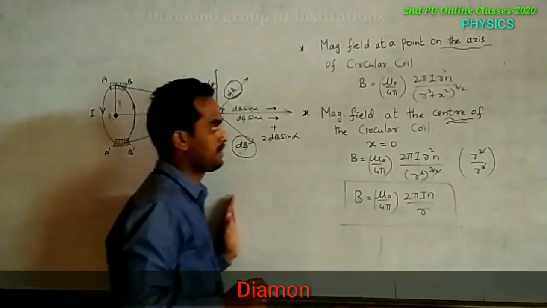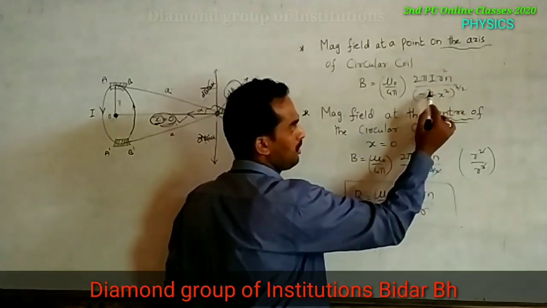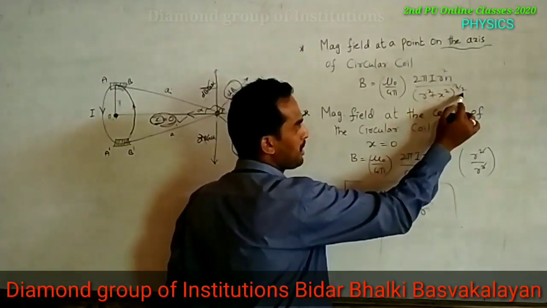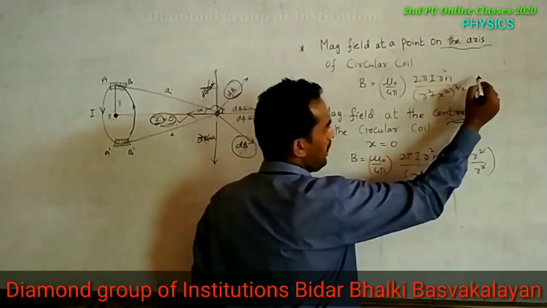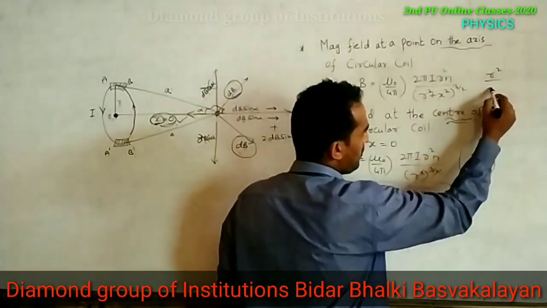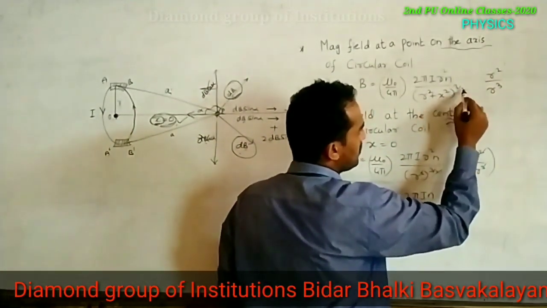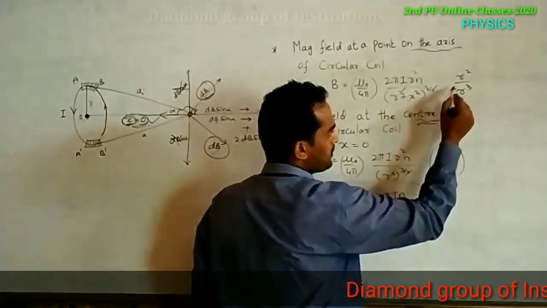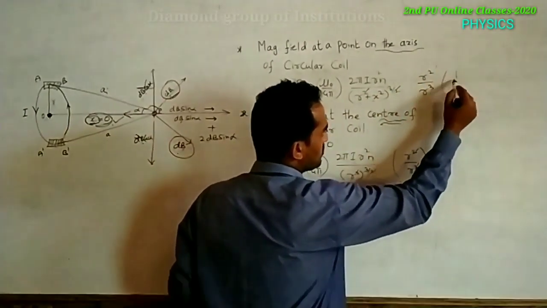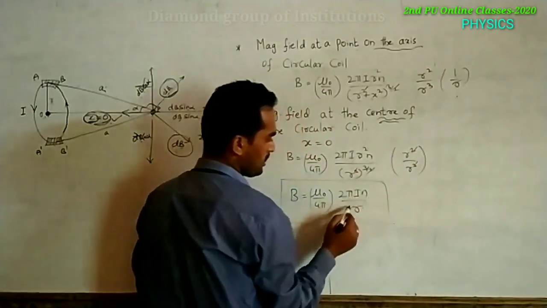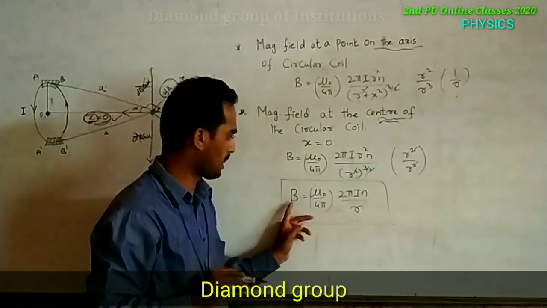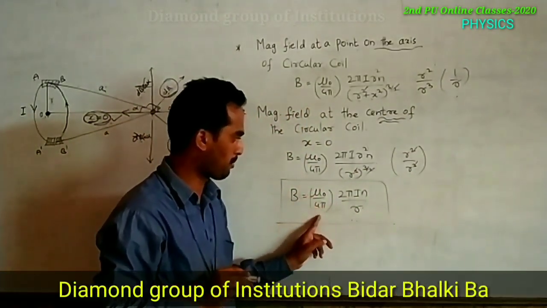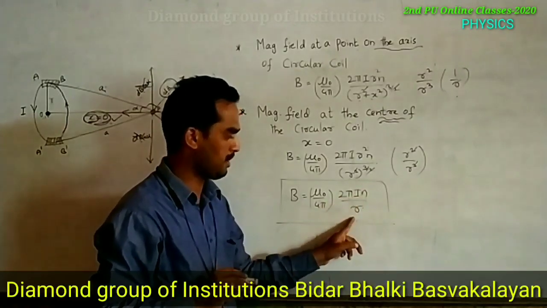Hence, when x becomes 0, r square whole power 3 by 2 is there, so r square divided by r cube becomes 1 by r. So this is the final expression. Read once again: B equal to mu naught by 4 pi into 2 pi I n divided by r.